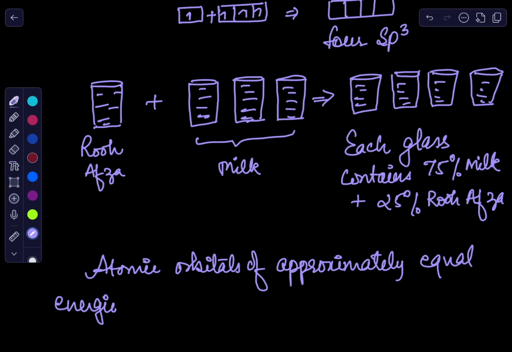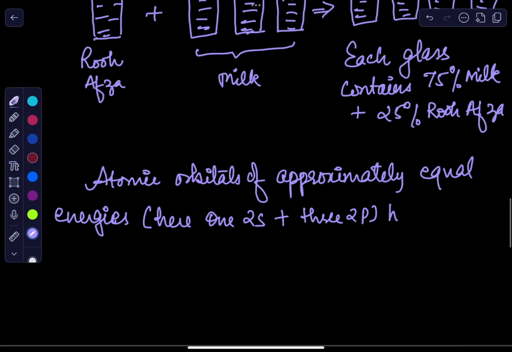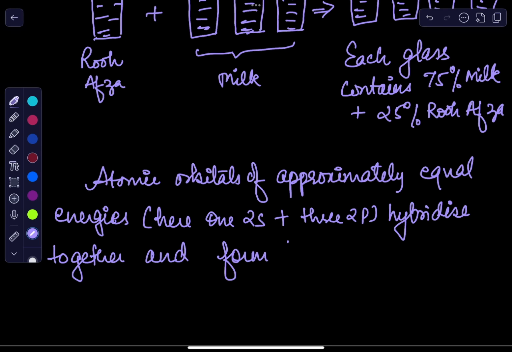In the same way, when atomic orbitals hybridize together, the hybrid orbital will have a similar percentage of the mixed orbitals, in the ratio in which they have been mixed.